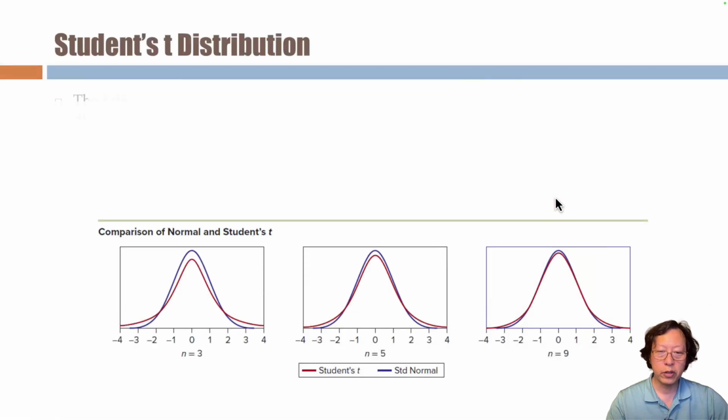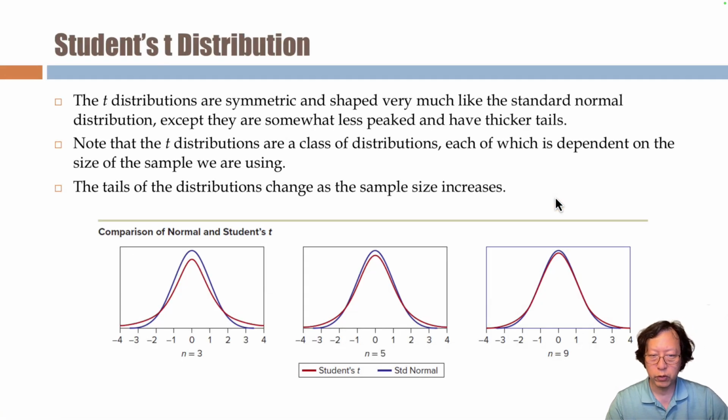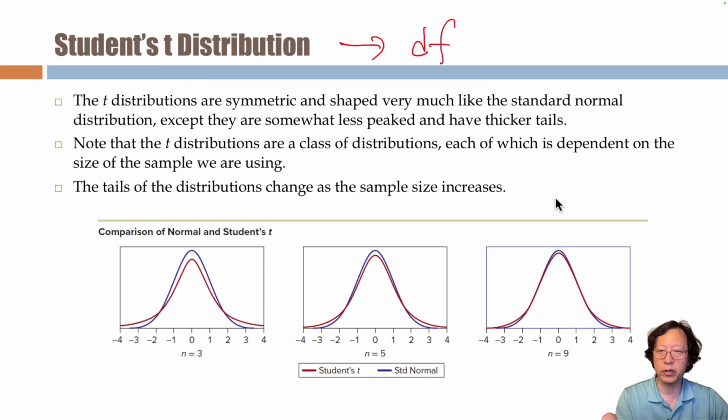The student t distribution is similar to the normal distribution, but it's slightly different. The student t distribution depends on the n. We will use a degree of freedom. The degree of freedom is n minus 1, where n is the sample size.